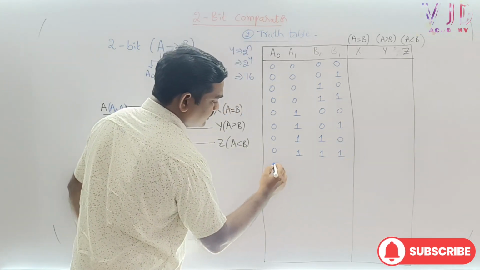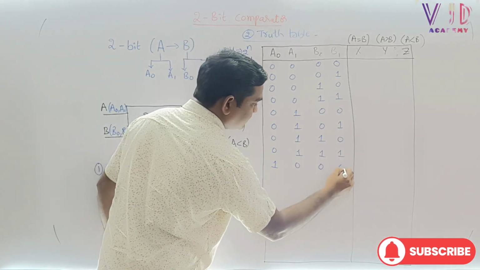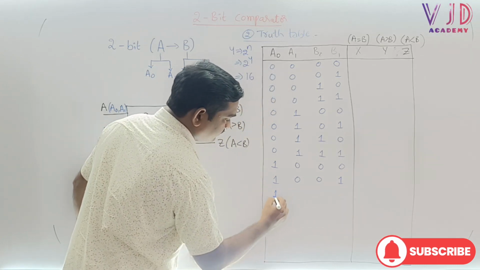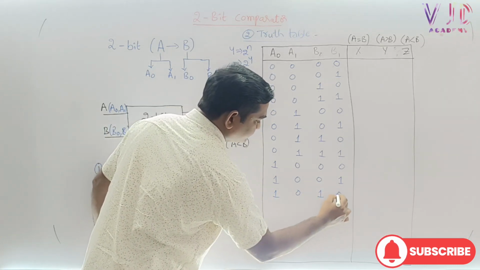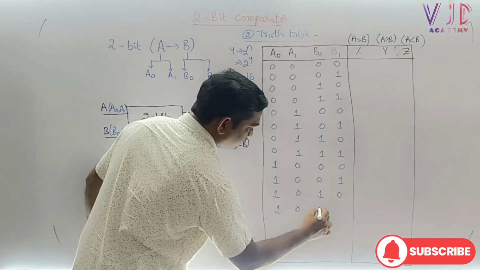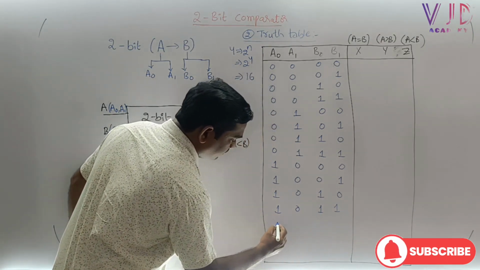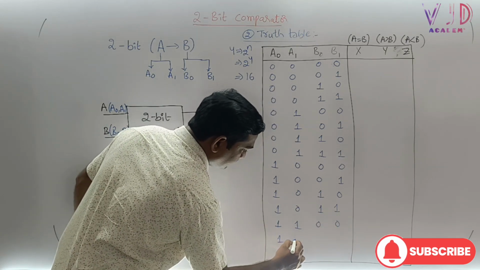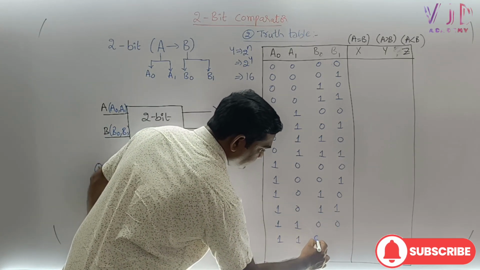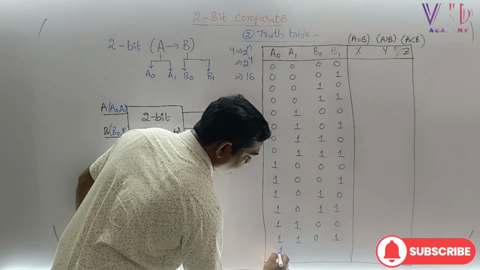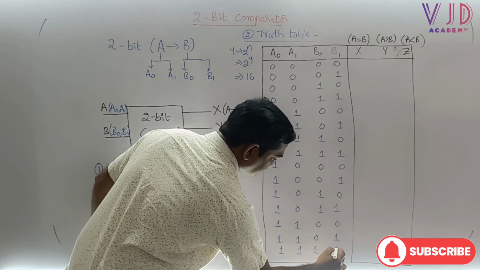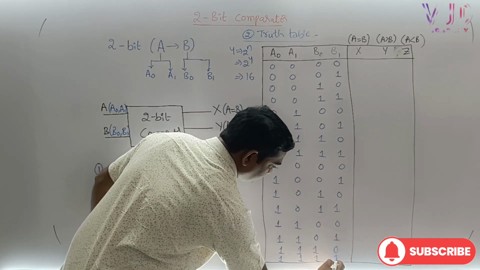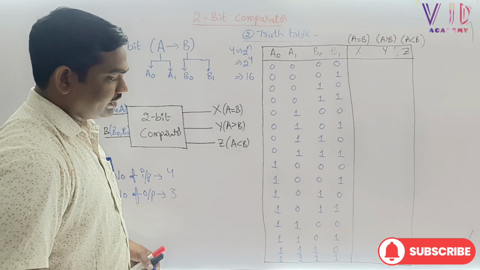And now here 1, 0, 0, 0. 1, 0, 0, 1. 1, 0, 1, 0. 1, 0, 1, 1. And now 1, 1, 0, 0. Here 1, 1, 0, 1. And now here 1, 1, 1, 0. And finally 1, 1, 1, 1. These are the 16 combinations.